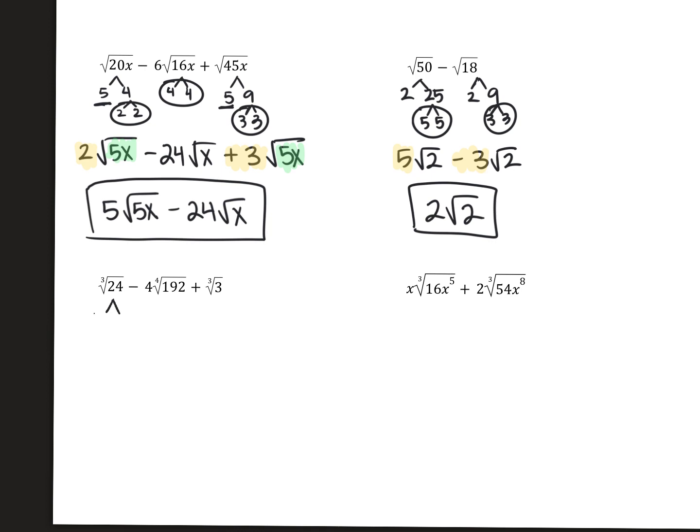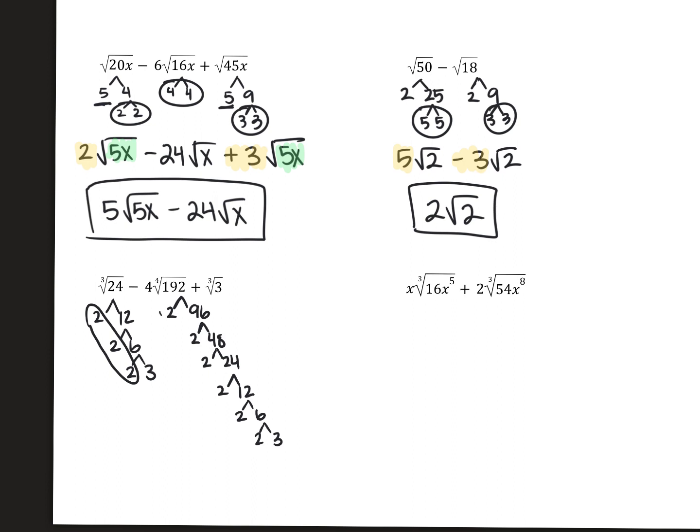So 24, I'm going to break down as 2 and 12. 12 is 2 and 6. 6 is 2 and 3. So I have a group of 2's. 192 is 2 and 96, which is 2 and 48, which is 2 and 24, which is 2 and 12, which is 2 and 6, which is 2 and 3.